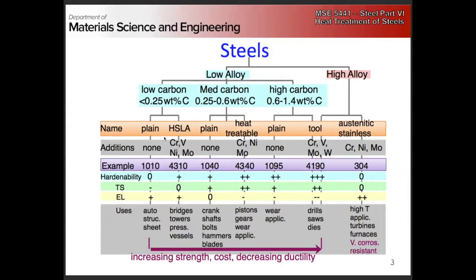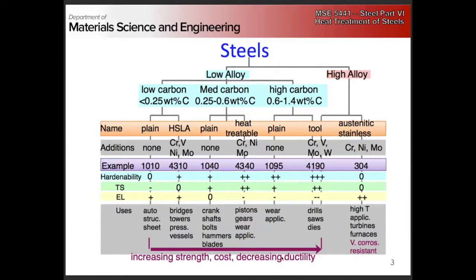The main alloying elements that we're talking about for each of these with low alloy steels are going to be chrome, vanadium, nickel, and molybdenum. Right? And as we go across, with the exception of high alloy steels, the cost gets more, the strength gets more, and we lose our ductility.